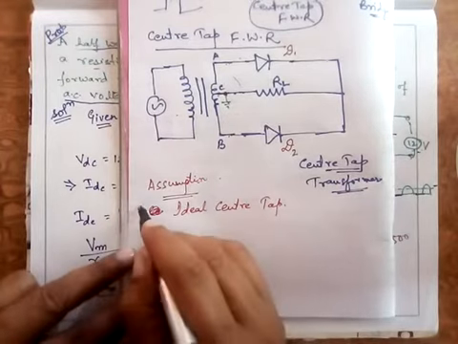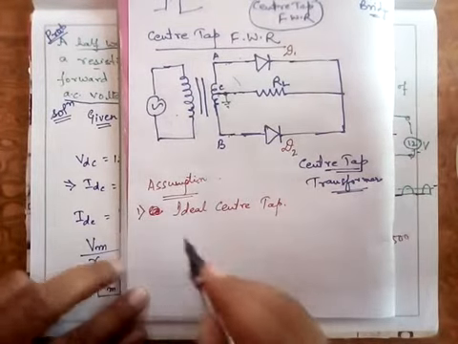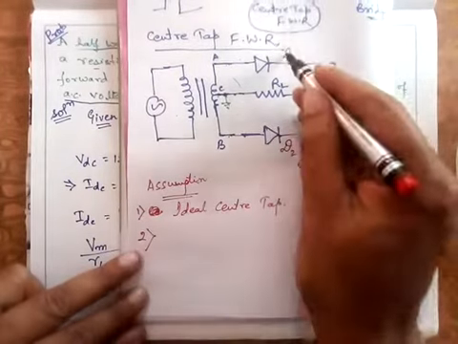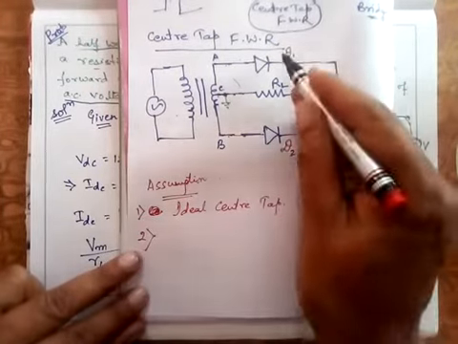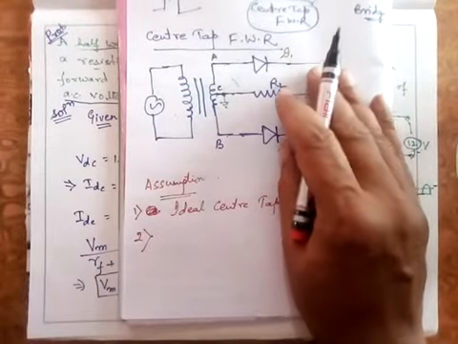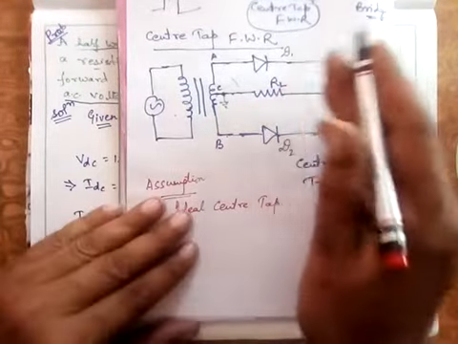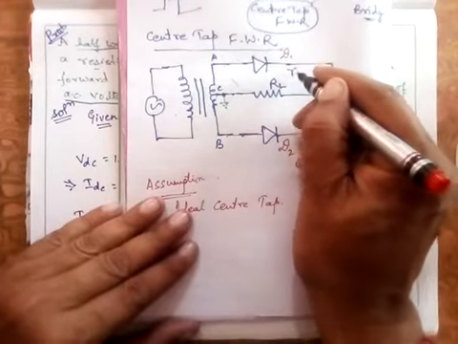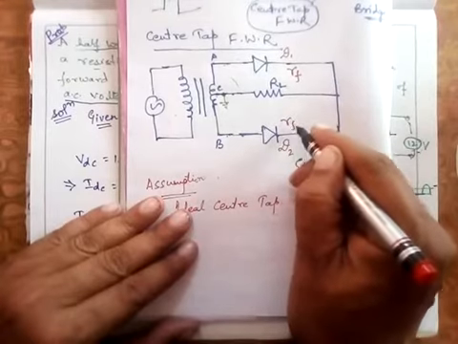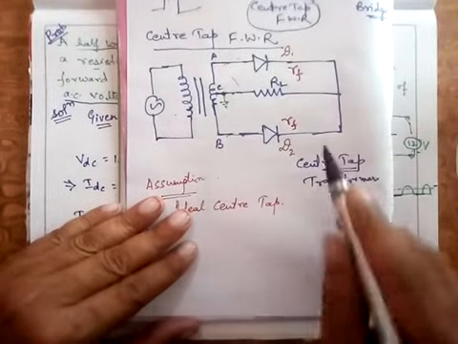First assumption is that while analyzing this circuit. And the second assumption that I'll assume, there are two diodes, D1 and D2. In the very beginning I told you that we are not assuming any barrier potential, ideal one. But if this diode is having forward resistance RF, this is also having the forward resistance RF.